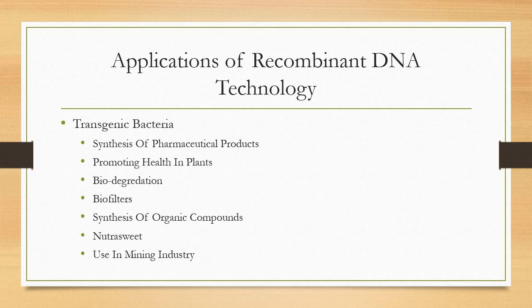Bacteria can be used in place of these catalysts, and these bacteria carry out the synthesis of these compounds. For example, aspartame is a dipeptide sweetener. It is known as NutraSweet. It is prepared by transgenic bacteria.